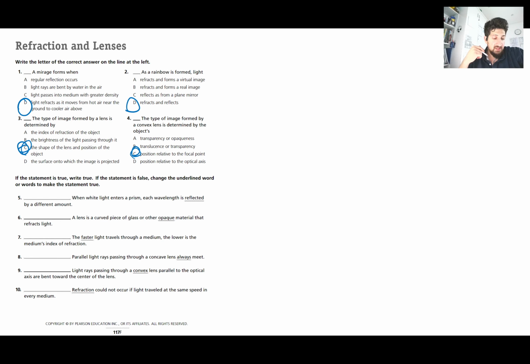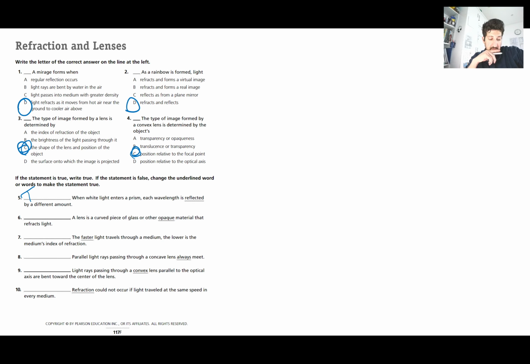If the statement is true, write true. If the statement is false, change the underlined word or words to make the statement true. When white light enters a prism, each wavelength is reflected by a different amount. What do you think? True. Is it?